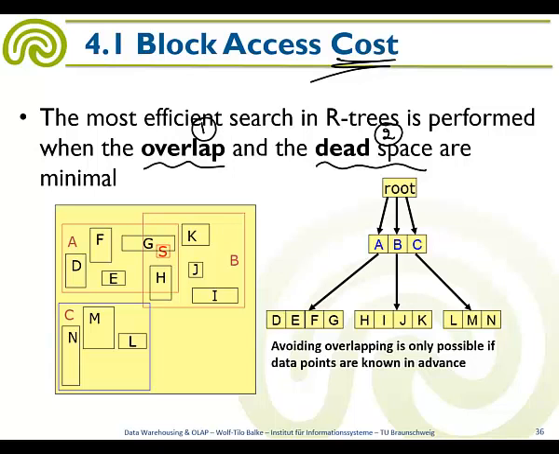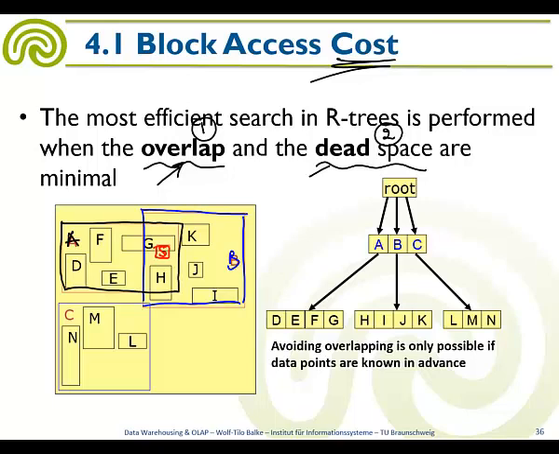These are the ones that cause problems, and these are the ones that make you traverse the tree. If it's dead space, you're traversing the tree for nothing. If you have overlapping, then you're traversing the tree to know which branch you should end up in. So having a search query here, S, as you can see, lies in both clusters, cluster B and cluster A.